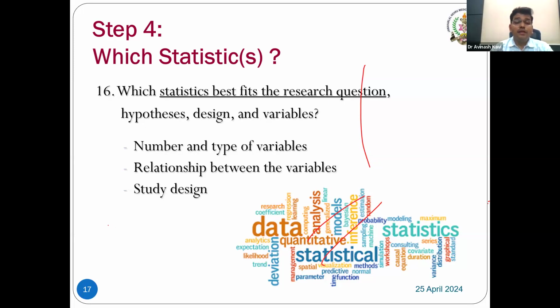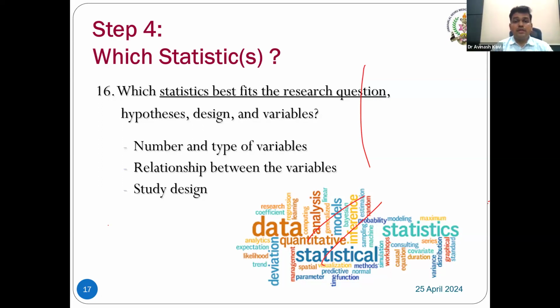So here it is not just about the numbers. Basically, any research study will have an outcome in terms of percentages or in terms of mean, standard deviations and other things. But if you want to suggest the best outcome or results out of it, we need to say which statistics is best applicable to answer that particular question.